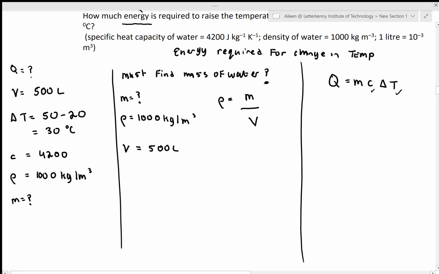So I'm told that 1 litre is equal to 1 by 10 to the negative 3 meters cubed. So if I want the volume of 500 litres, it's 500 by 10 to the negative 3.